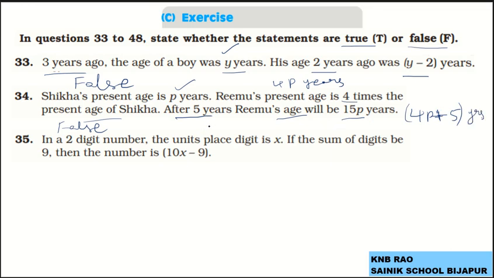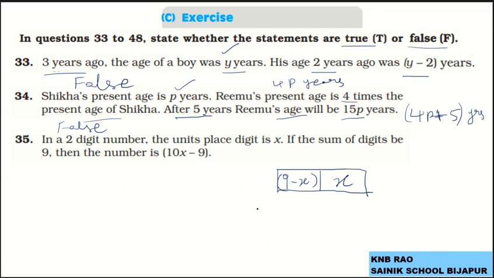Now, coming to question number 35, in a 2-digit number, let us take its units place digit as x, and the sum of digits is 9. That means the 10's place digit is 9 minus x.